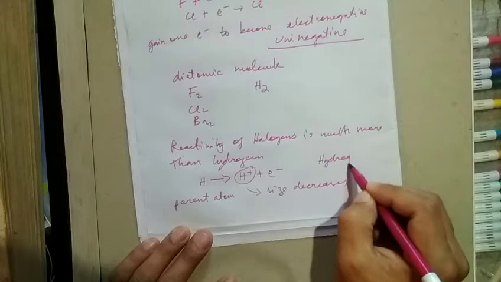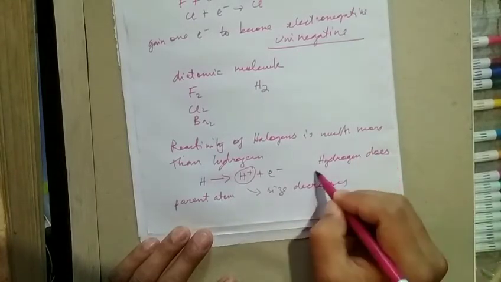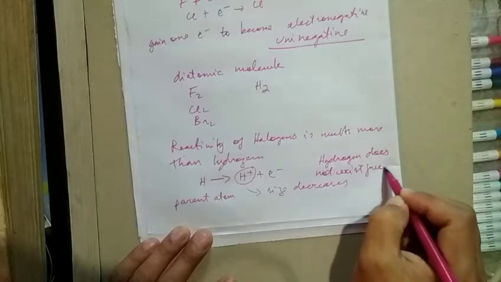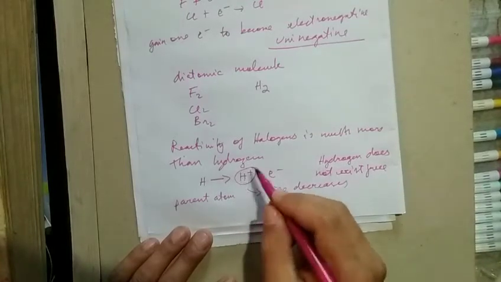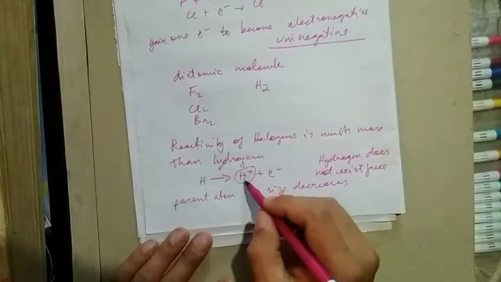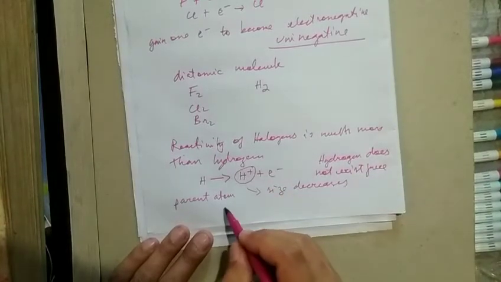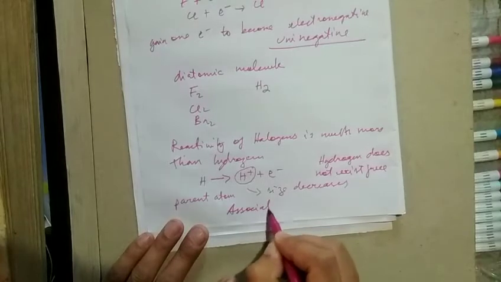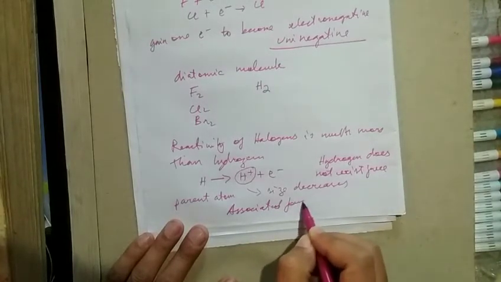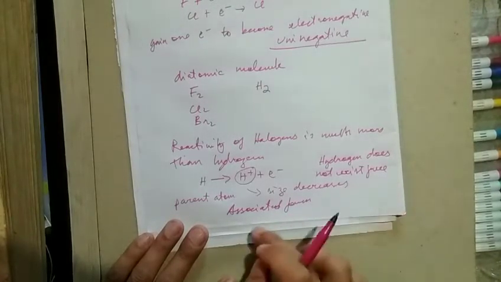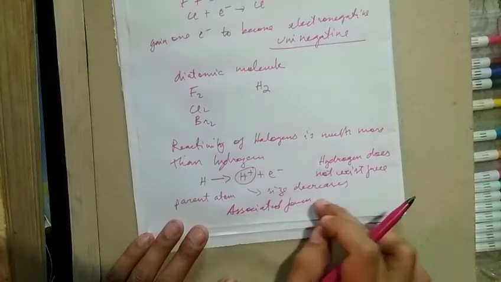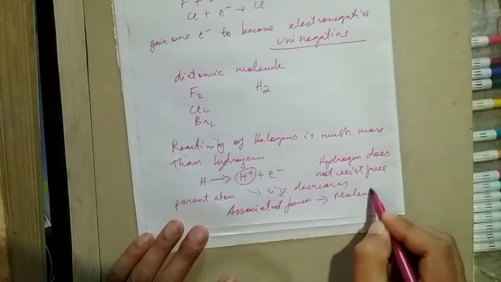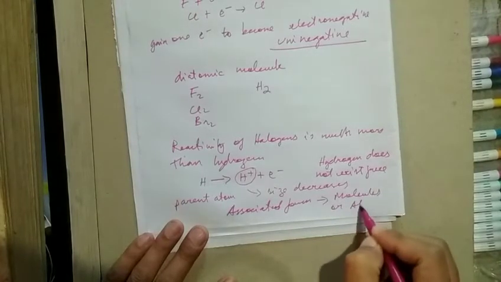hydrogen does not exist freely. That means H does not exist freely. It exists in associated form, so it will be associated with molecules or atoms.